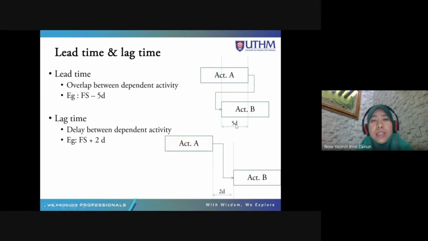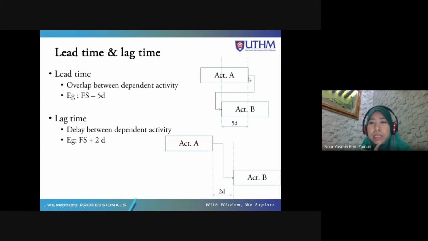Okay, this is showing that, bila ada 5D means that you have 5 days lead. What means lead? Lead is overlap between activity A and B. Overlap. Dia dua-dua berjalan serentak selama 5 hari. Means that starting from here to here, you need to have 2 groups together doing activity A and also activity B. Okay.